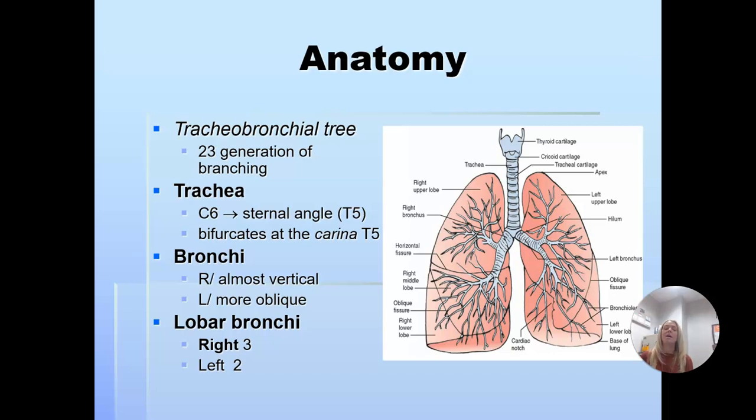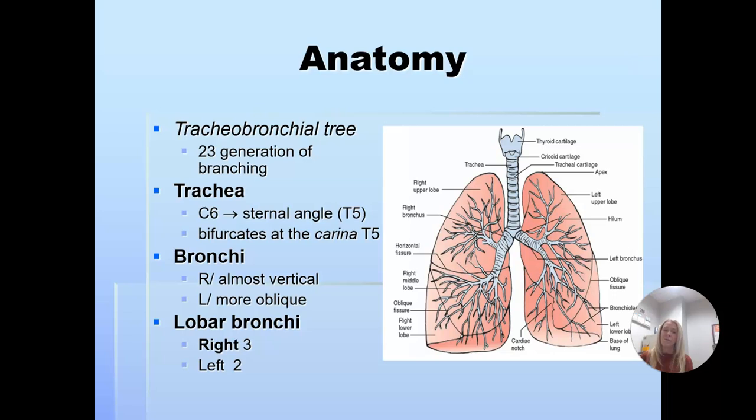General anatomy of the pulmonary system: we have the tracheobronchial tree, 23 branches all the way down. Your trachea runs from about C6 to the sternal angle at T5, and then it bifurcates or divides at the carina at T5. You have right and left bronchi.